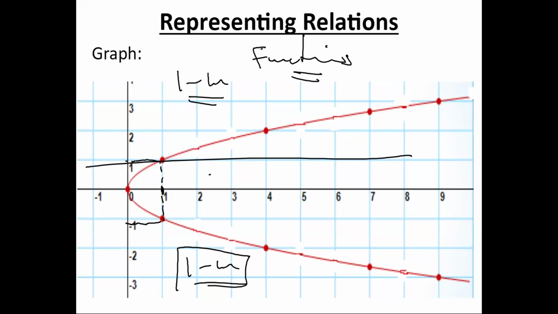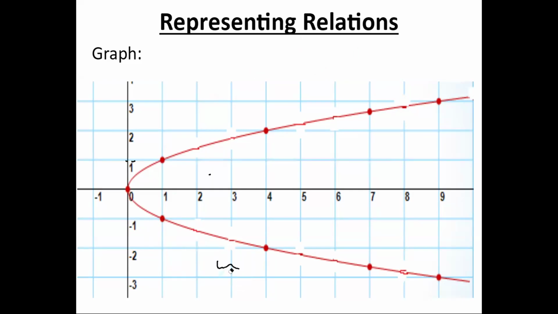But learning to analyze the graph is a very useful skill. Anyway, it's good that you asked a question. At least we get to back up and learn to analyze the graph and figure out whether it's a one-to-one, many-to-one, or one-to-many. That's the kind of analysis you'll have to do. I heard one of the girls say, do the horizontal line test. If you're dealing with one-to-one and many-to-one, the horizontal line test will do.